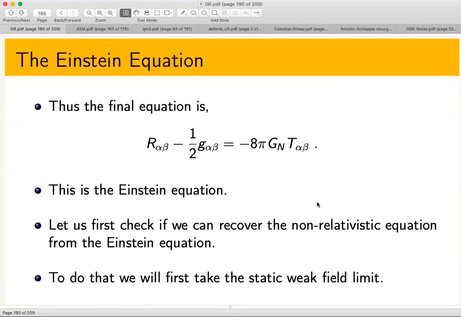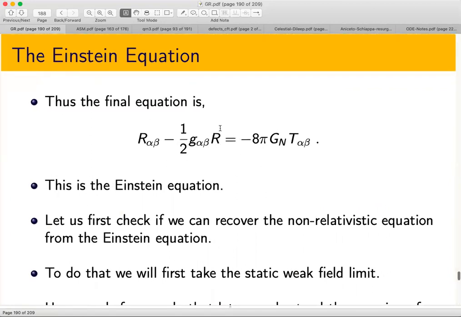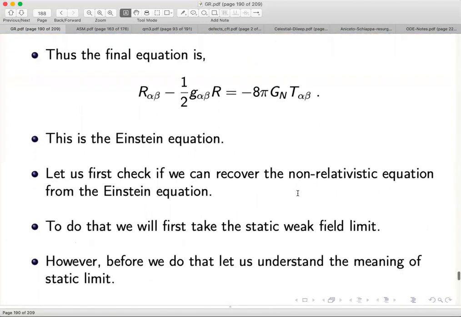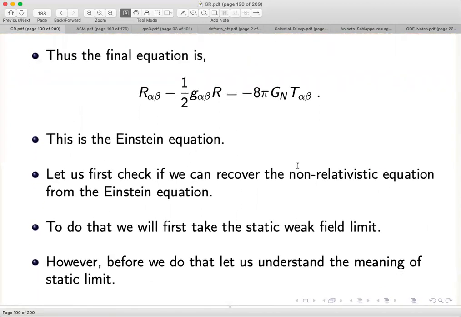So what you get is the equation R alpha beta minus half times G alpha beta times R is equal to minus 8 pi Gn times T alpha beta. So there is R back in its place. And let's first check again that we managed to recover Newton's equation.